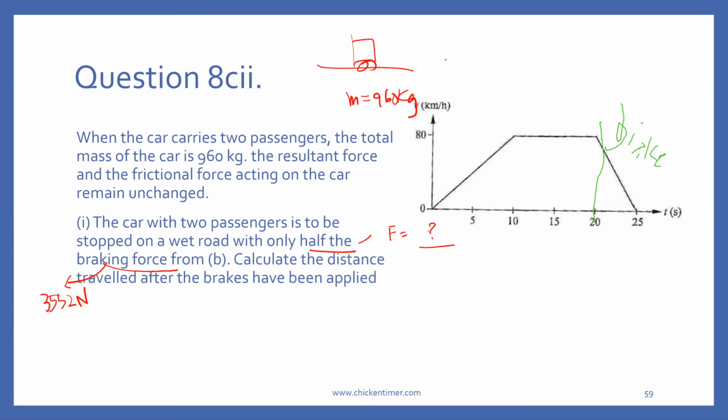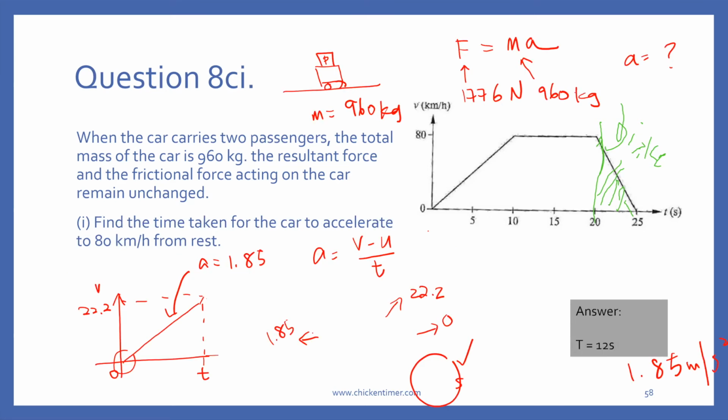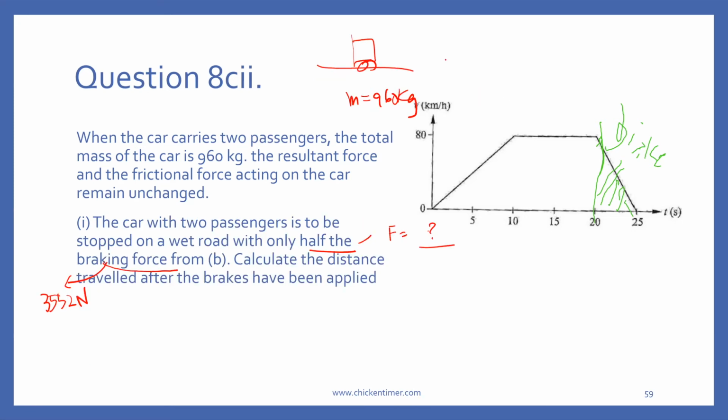Yes. So now calculate the distance traveled after the brakes have been applied. So previous part, we know that the time taken to accelerate from rest to 80 is 12. Then the brake starts at 20. Then acceleration was 1.85.